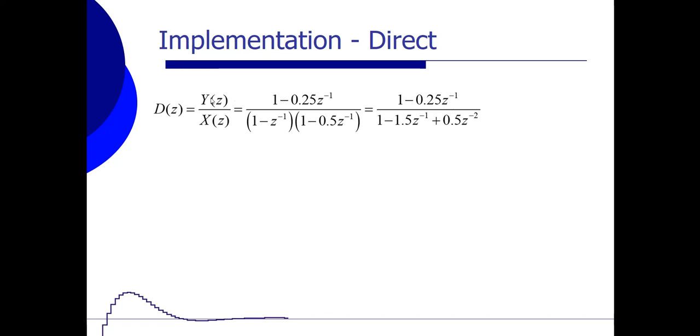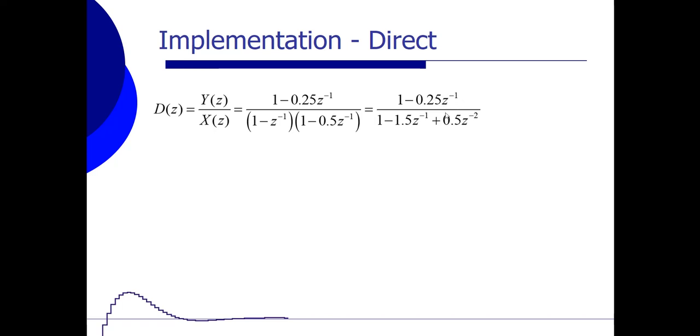And in words, it means that we get the following expression: Y minus 1.5 times Y one sample delayed plus 0.5 times Y two samples delayed equals X minus 0.25 times X one sample delayed.